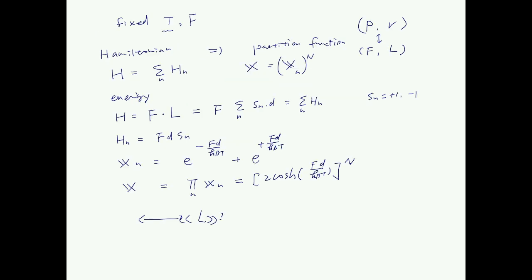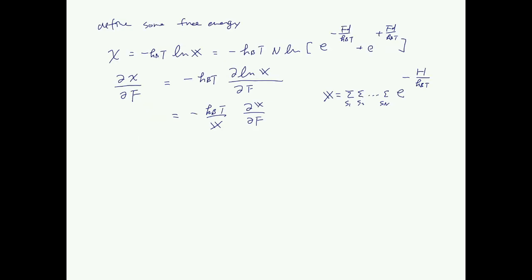H can be written as minus f d sum of Sn. So if I take a partial derivative with respect to f, the important thing is what I bring down: the factor of minus d sum over Sn divided by kBT, and this is my weight.